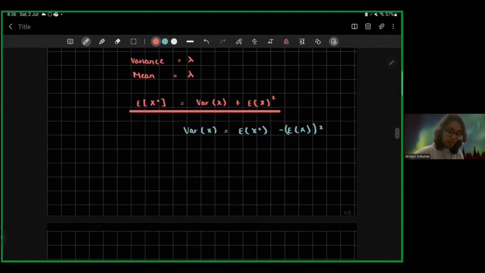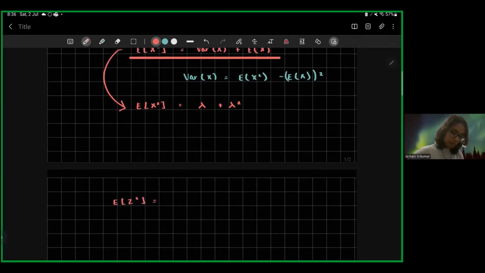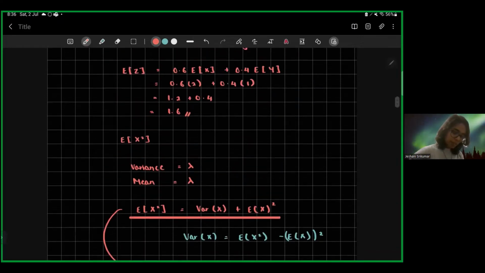Okay? So when you write this in the form of Poisson, we have the second moment is equal to lambda plus lambda squared. Why? Because the variance in a Poisson distribution is equal to lambda. So if we try and find the second moment for the example that we're doing, we get, for the first distribution, the weightage is 0.6.